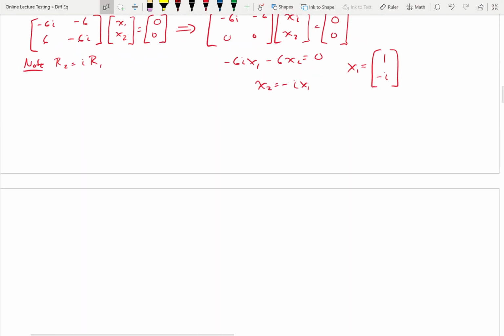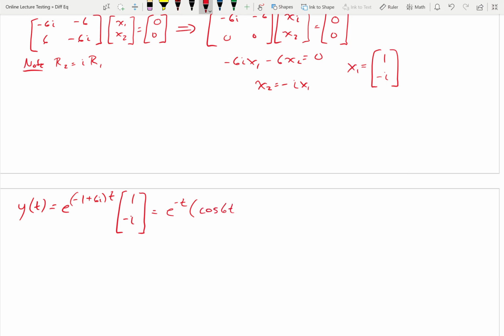All right. So now that we have that, we need to find our solution. So y(t) is equal to e to the (-1 plus 6i)t times our eigenvector, which is (1, -i). All right. Using Euler's formula, we're going to get e to the -t times (cosine of 6t plus i sine of 6t) multiplied by our vector again.